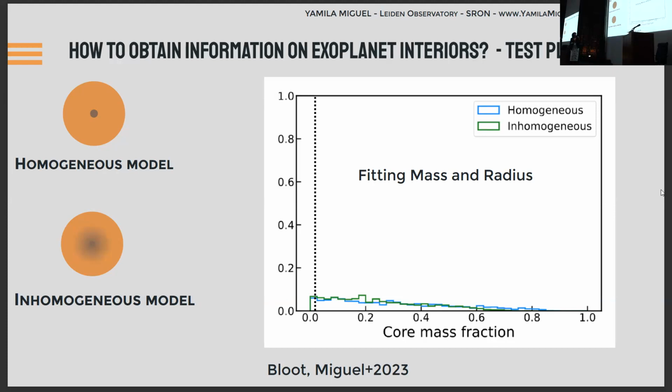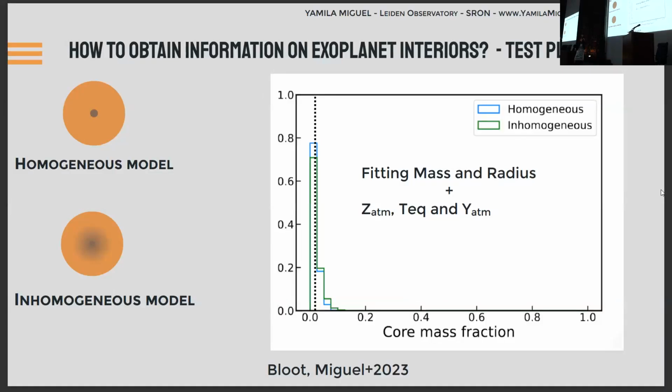So then we said, okay, what happens when we also add atmospheric metallicities, equilibrium temperatures, and helium abundances? And when we do that, we are actually able to retrieve the core mass of the planet that we knew it had, with both the homogeneous and the inhomogeneous model. So this really encouraged us to go and try to find core masses and distributions of elements for real exoplanets, and not just a test one.